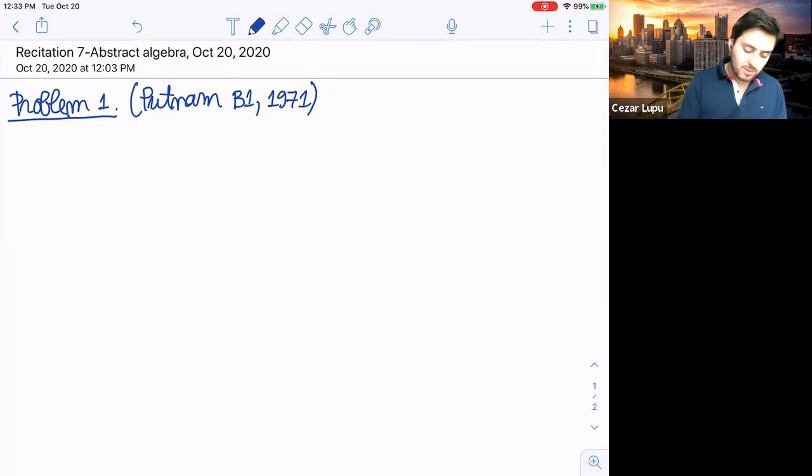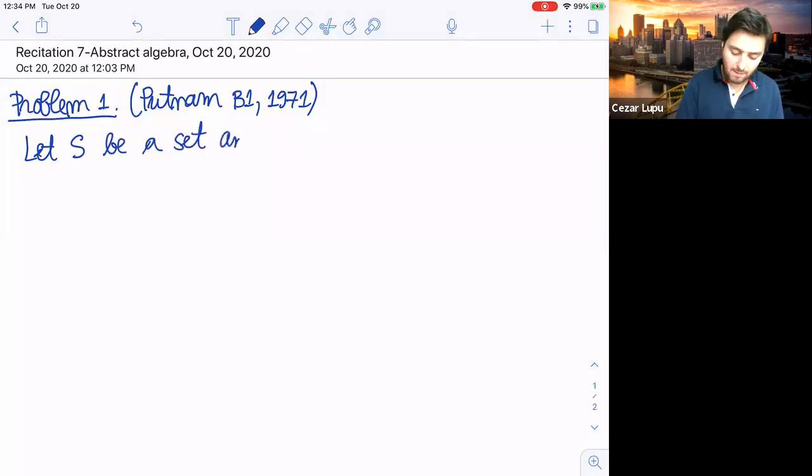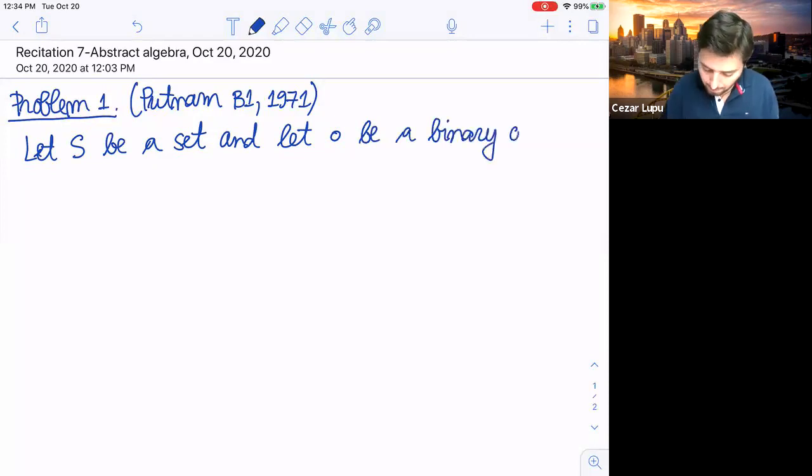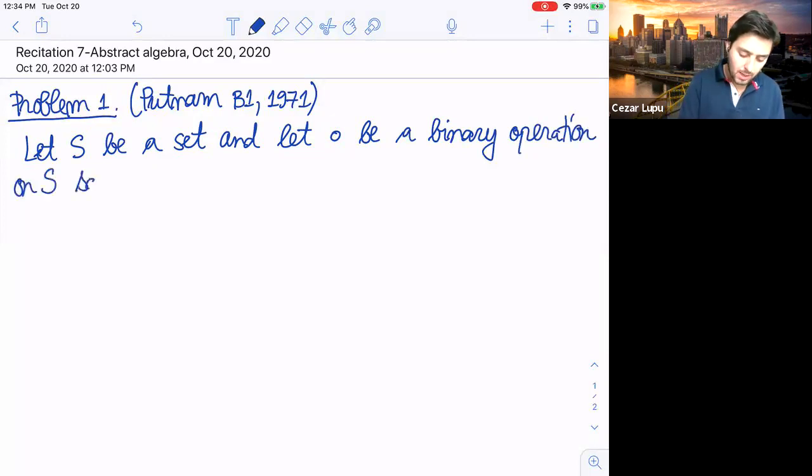All right, so the problem states the following. Let S be a set, and let circ be a binary operation on S, satisfying the two laws.